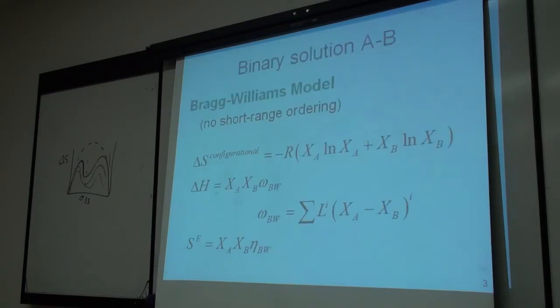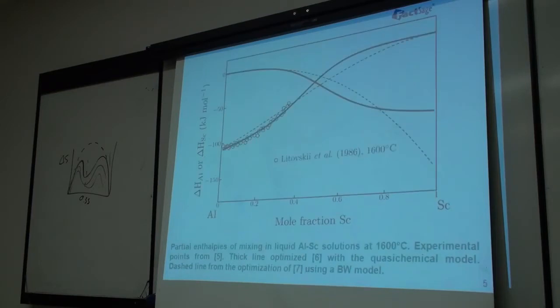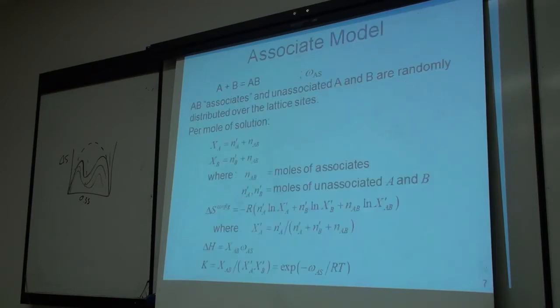In the Bragg-Williams model, I used omega BW, omega Bragg-Williams, indicating that it's the omega for Bragg-Williams. Now I'm going to talk about omega associate, which is your model parameter for the associate model. Now we're considering that the solution consists of A atoms, B atoms, and A, B associates. People use the word associate because they don't want to say molecule, but they mean molecule.